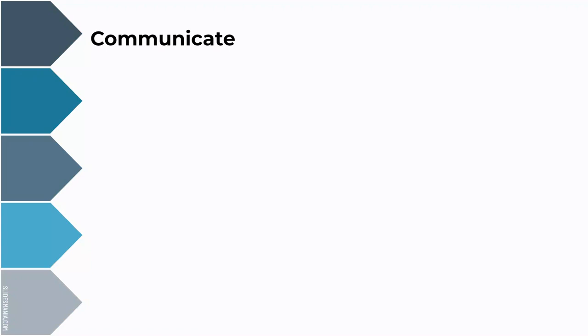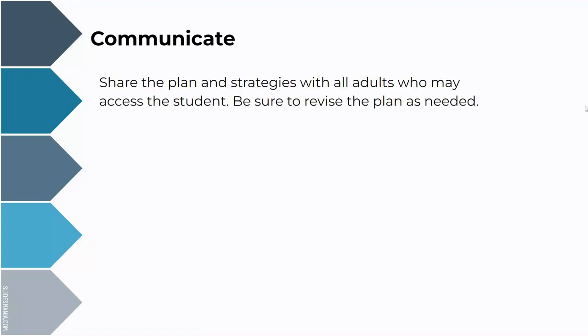The next step is to communicate. Share the plan and strategies with all adults who may access the student throughout the school day, and be sure to revise the plan as needed.